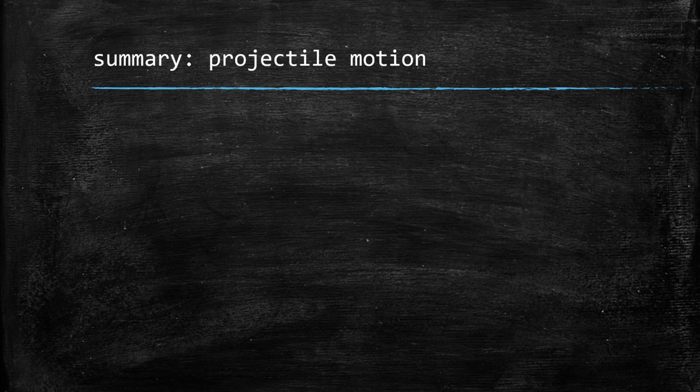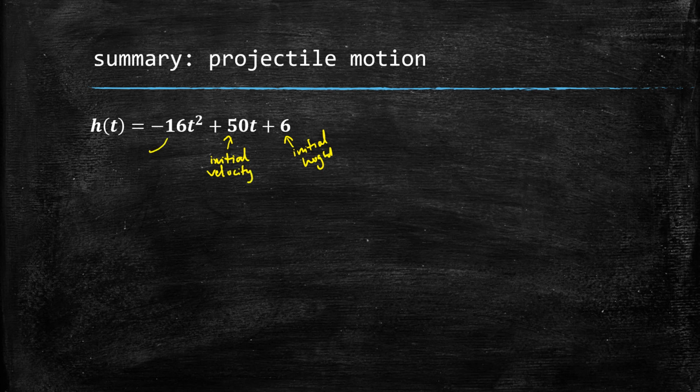So let's summarize what we've learned about projectile motion. For our potato, let's recognize what these various coefficients represent. The 6 was the initial height. The 50 was the initial velocity. And notice that the negative 16 is really just half of the acceleration due to gravity, so it's just half of g.